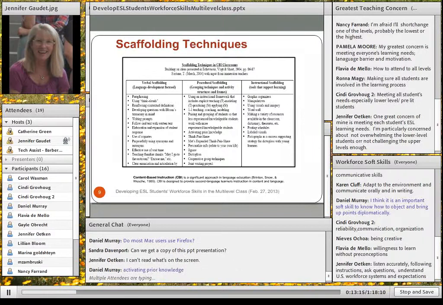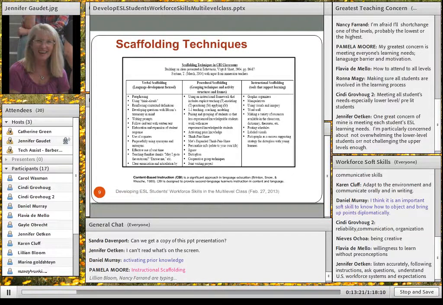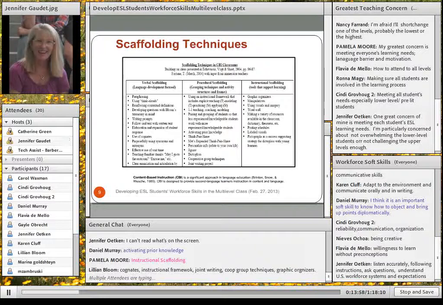Oh, I'm sorry, Jennifer. Well, I see cooperative group techniques, just writing a joint writing of a project, purposely using synonyms and antonyms, using an instructional framework that includes explicit teaching, graphic organizers, manipulatives, word wall, making a variety of resources available in the classroom, dictionaries, thesauruses, etc., labeling visuals, instructional scaffolding, okay, jigsaw reading, jigsaw activities.